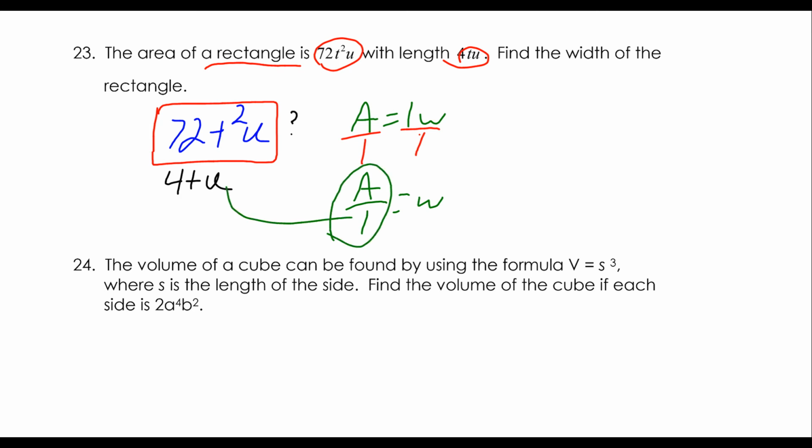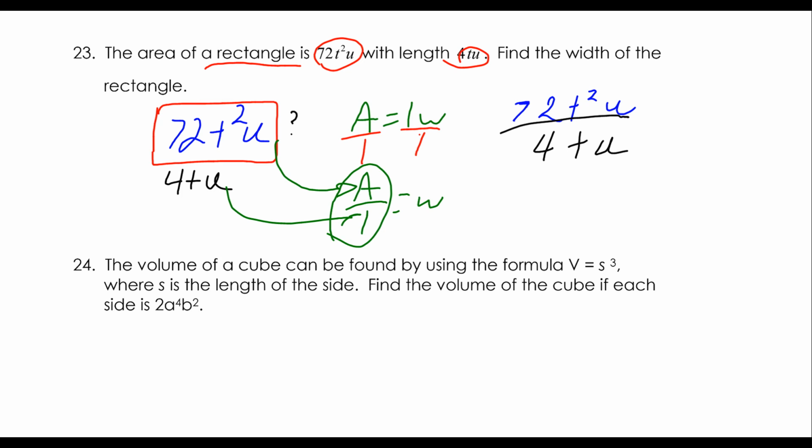L is this thing right here. A is this right here. So at this point we go 72t squared u over 4tu and figure out what that equals.